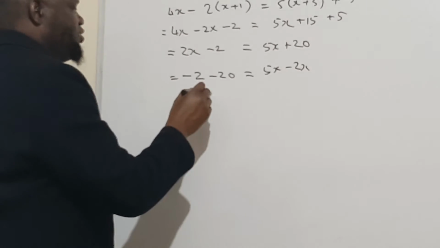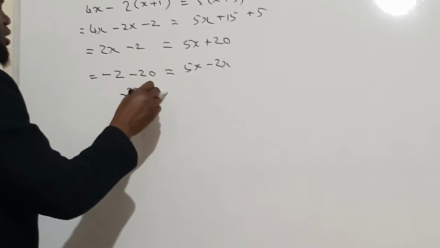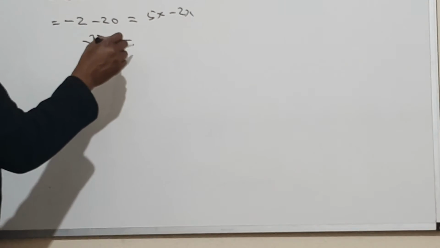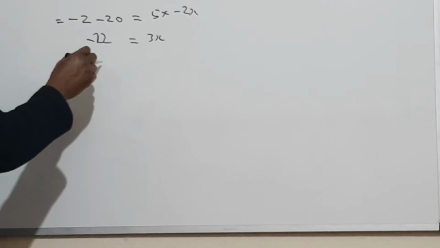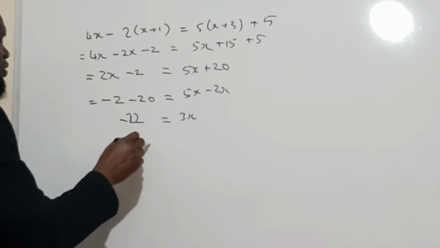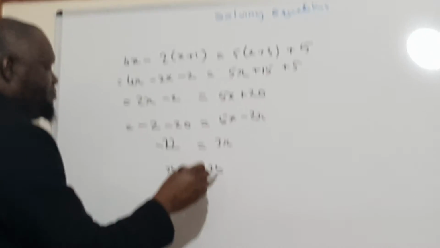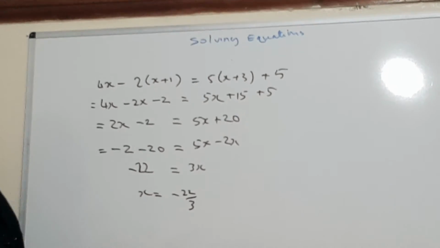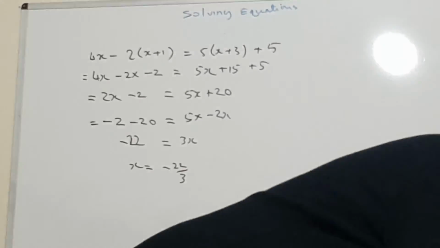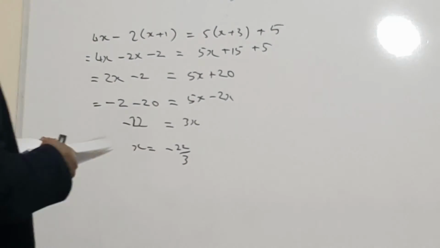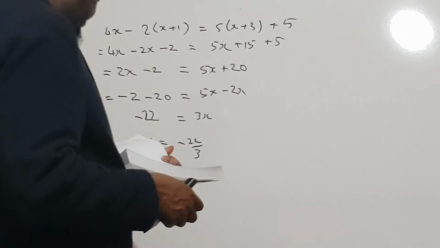So this is minus 22 is equal to how many x? 3x. So basically, x is equal to minus 22 divided by 3. Did you get that? So that is the answer. This is an unusual one. Hardly do you have one like this.